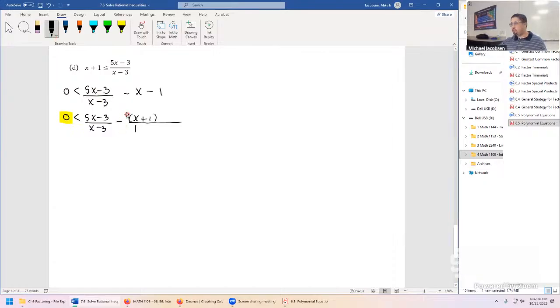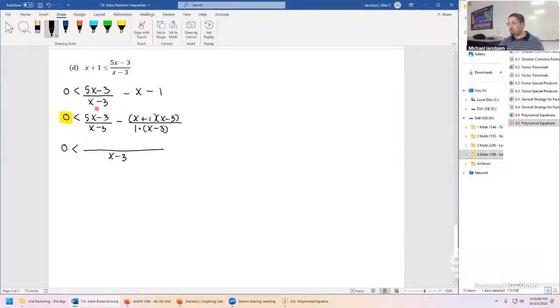We have two fractions. The least common denominator will be an x minus 3. So we just multiply this by what we want, x minus 3, which means we also need to multiply that into the numerator above. So we have the common denominator x minus 3. We can go 0 is less than that common denominator, x minus 3.